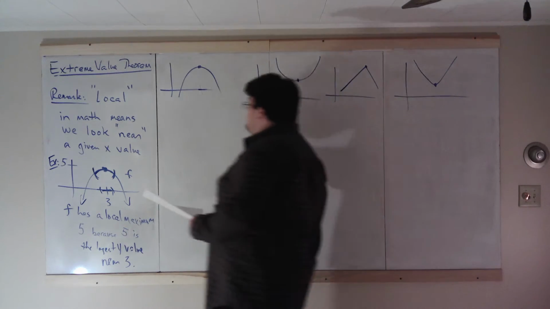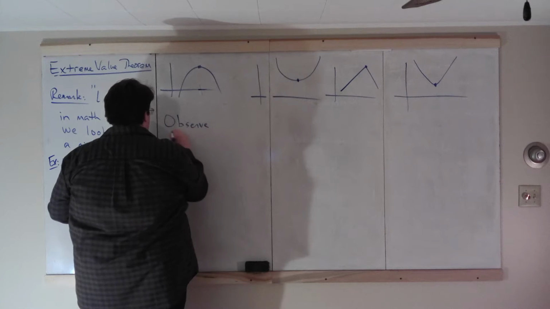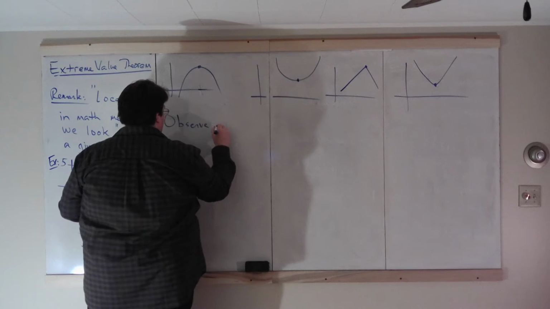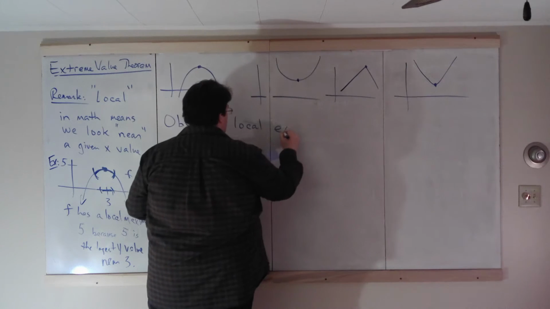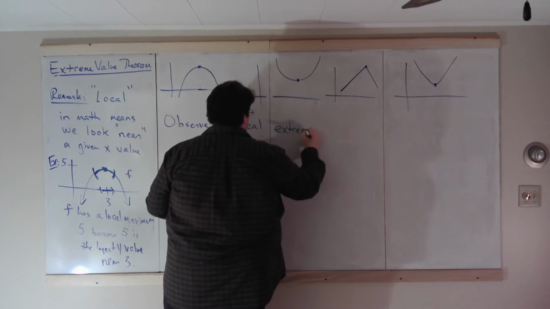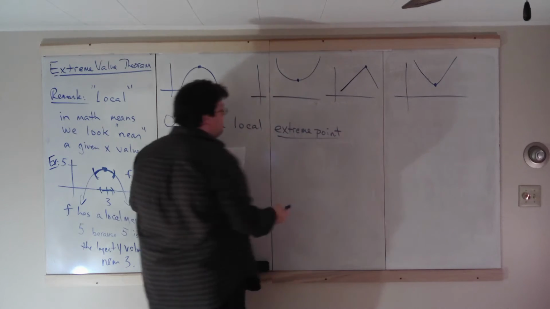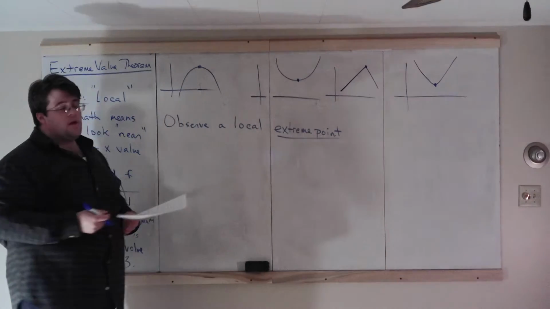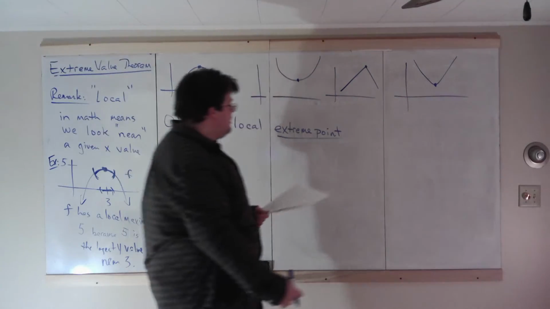And we're going to observe a local extreme point. Words we haven't defined. An extreme point just means maximum or minimum. In this case, local.